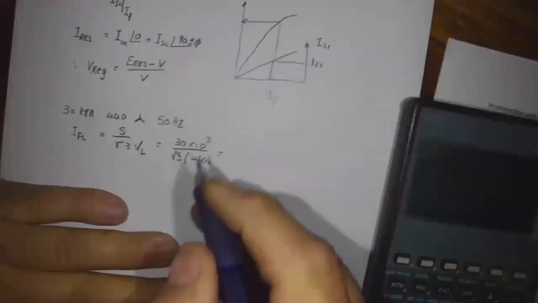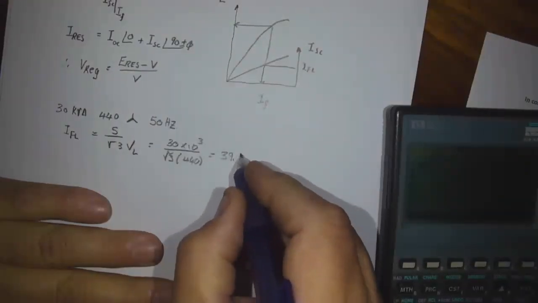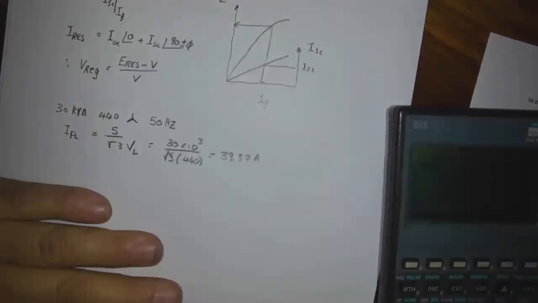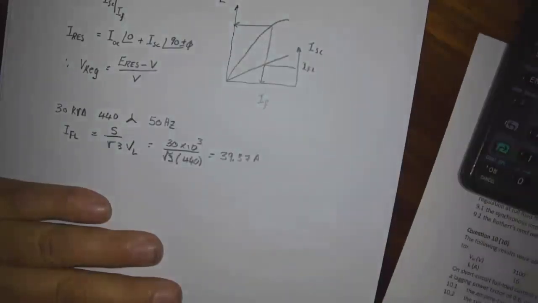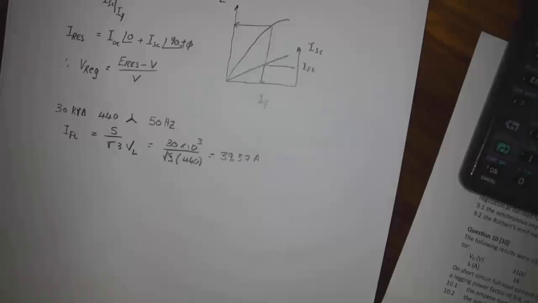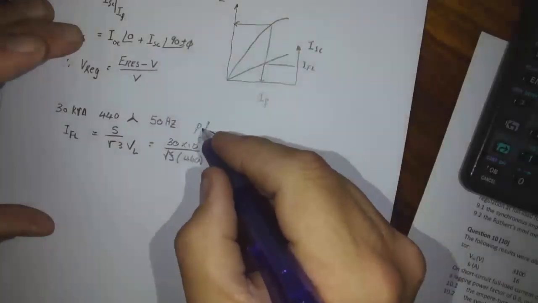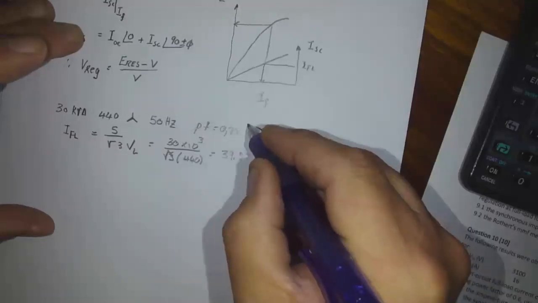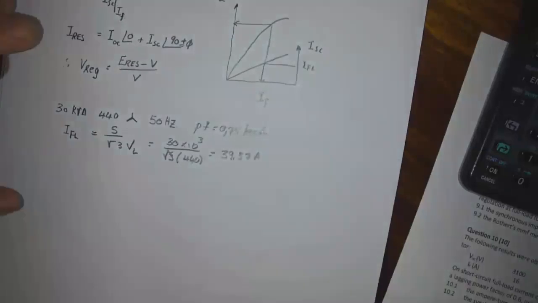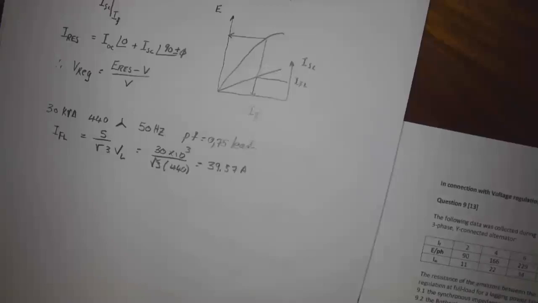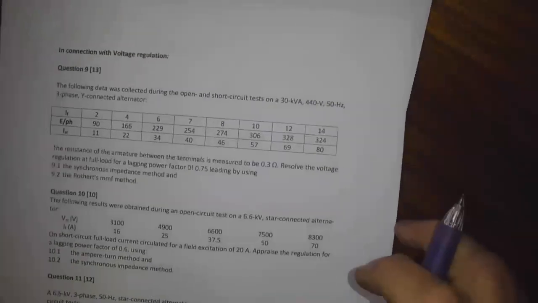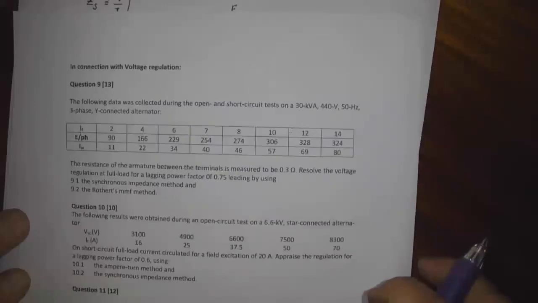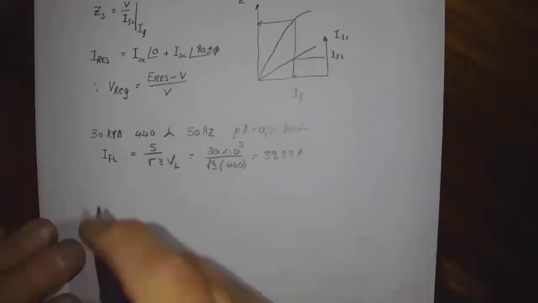Make it 37. Okay. Now they want us to calculate for a power factor of 0.75 leading. Right, now first of all, you are going to draw this graph with the data given. Now let's calculate E Rother.